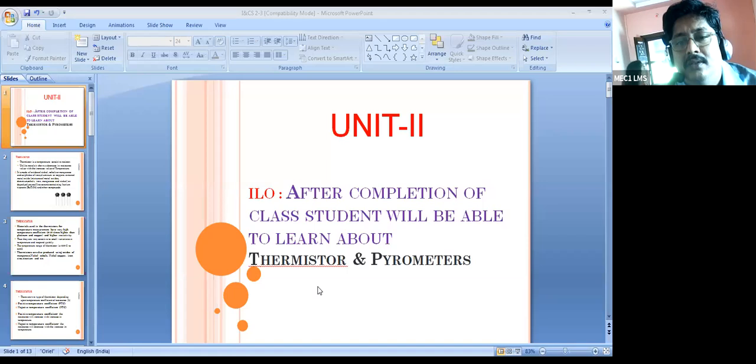Yes, okay. Why I did not discuss the Thomson effect: because Seebeck and Peltier are related to the thermocouple, and our topic is thermocouple. The Thomson effect was discovered by William Thomson in 1852.